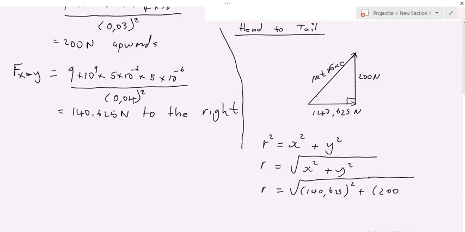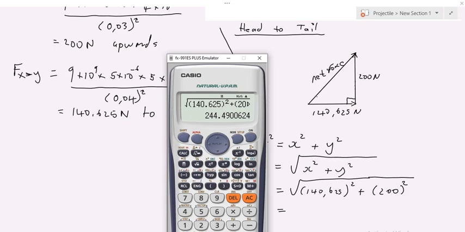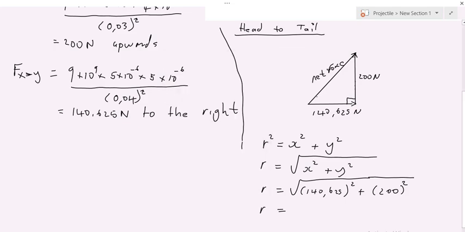Then 200, remember to square. Then r is equal to, let me grab my calculator real quick. Applying my calculator, it tells me it's 244.49 newtons. So this is our answer.